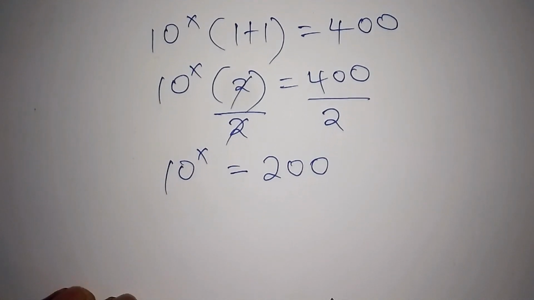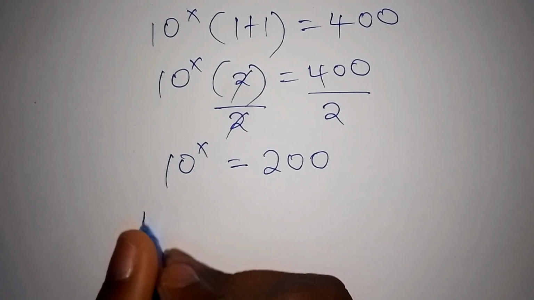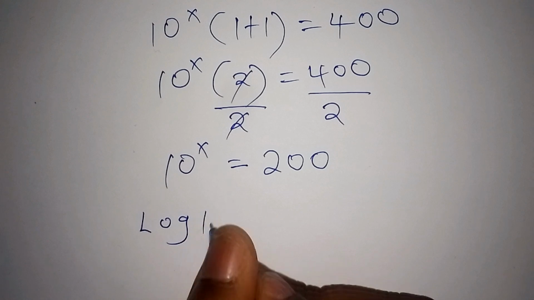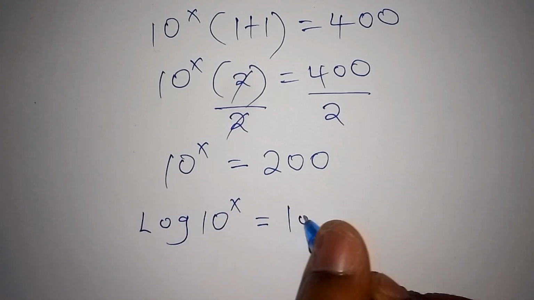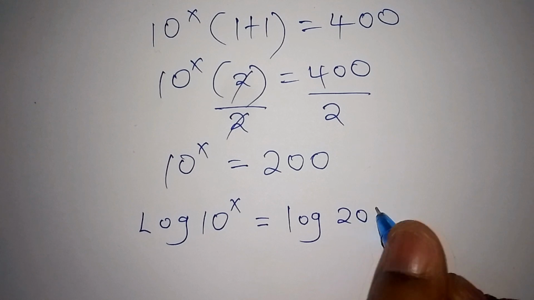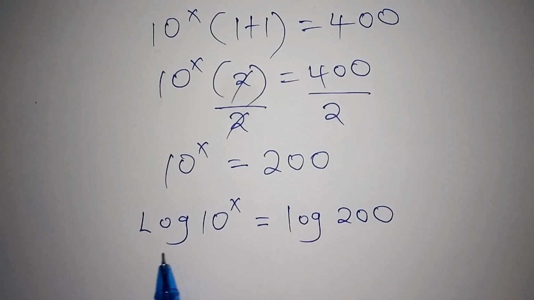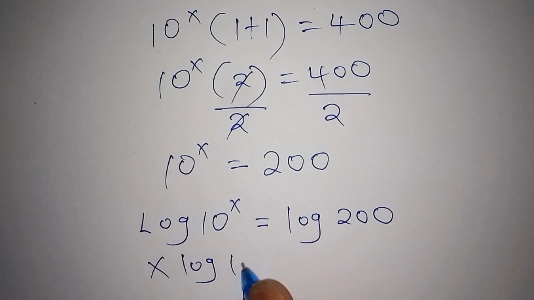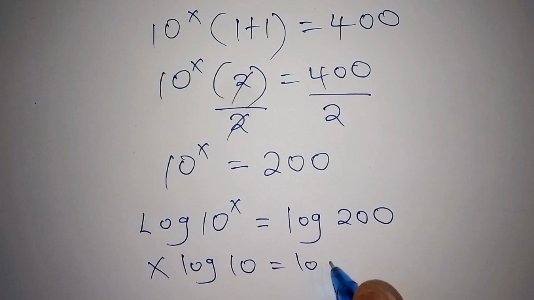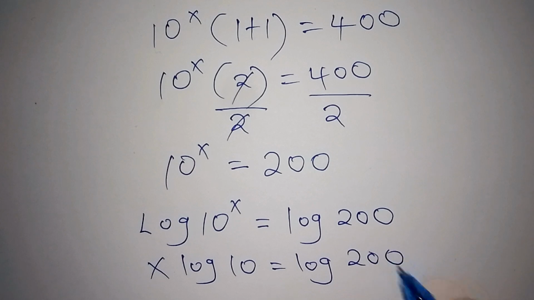So we shall have the log of 10 to the power of x is equal to the log of 200. The log of 10 to the power of x can also be written as x log 10 is equal to the log of 200.